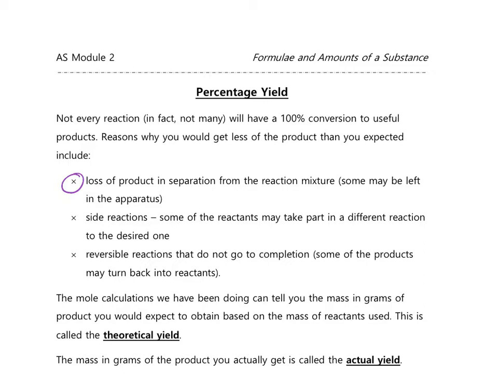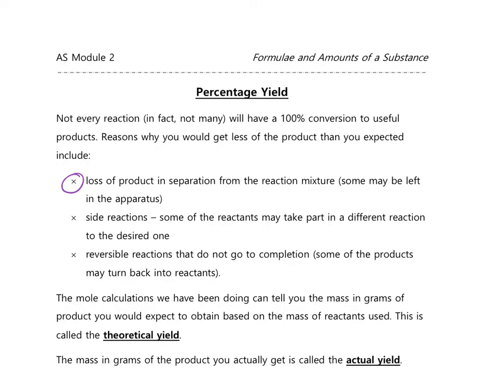As you go along, you're going to be losing part of your reactants initially, but even when you get to the stage where you are producing your product, if you then want to extract your product from the reaction mixture, so say for example you know that you're left with some of your excess reactants and you want to extract your product, then some of your product may be left behind in the apparatus. So either in transfer between apparatus or in separation of the product from your reaction mixture in your final apparatus, be that a reflux apparatus or even just the likes of a conical flask or beaker.